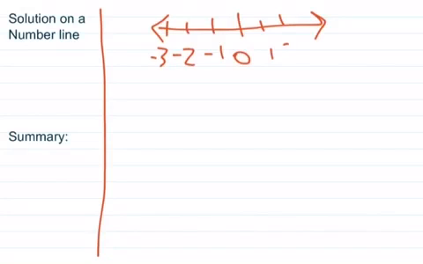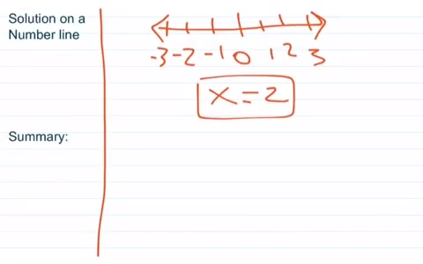And then if we move to the right, these are our positives. So our answer that we got using models and algebra was x equals 2. So we're just going to put a closed circle at x equals 2 on our number line because that's showing our solution. Okay, we're shading and filling in our solutions.